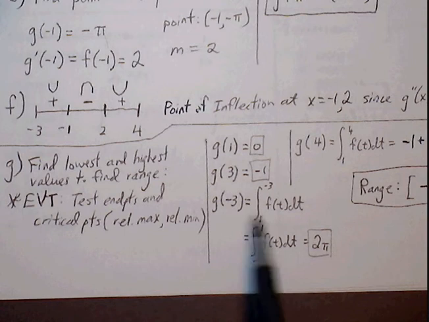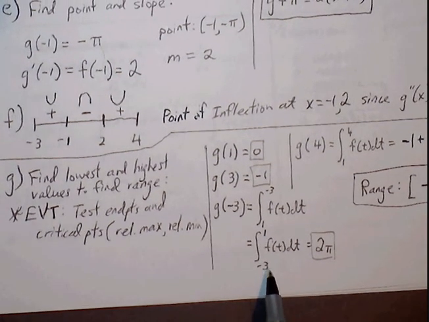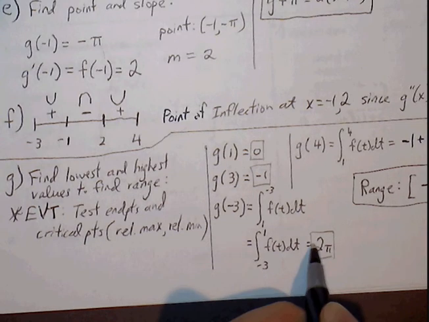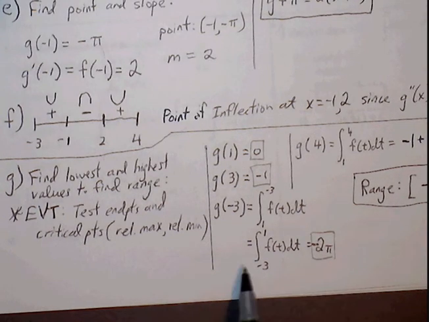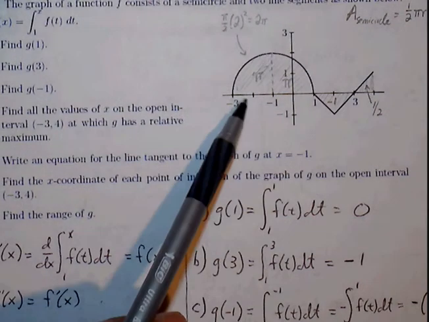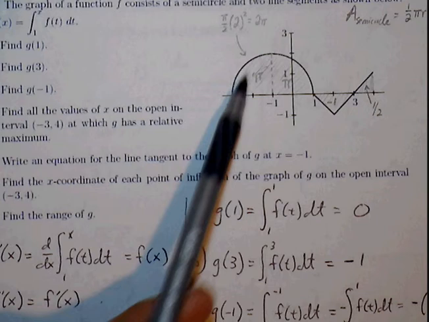So if I flip the bounds from -3 to 1, I should get a -2 pi here. Okay, g of -3, because I switched the bounds, I need to pull a negative outside. So initially this is giving us 2 pi, but we have to change this to -2 pi.